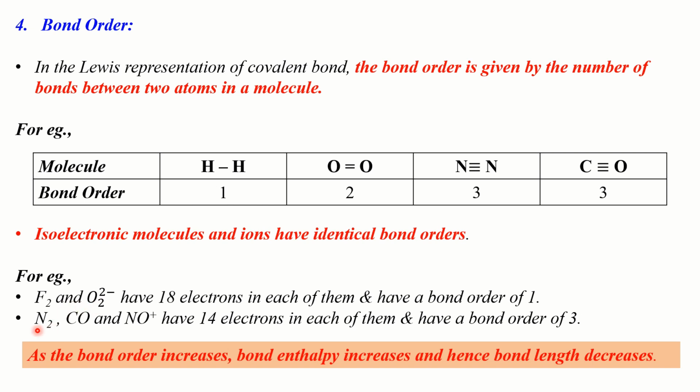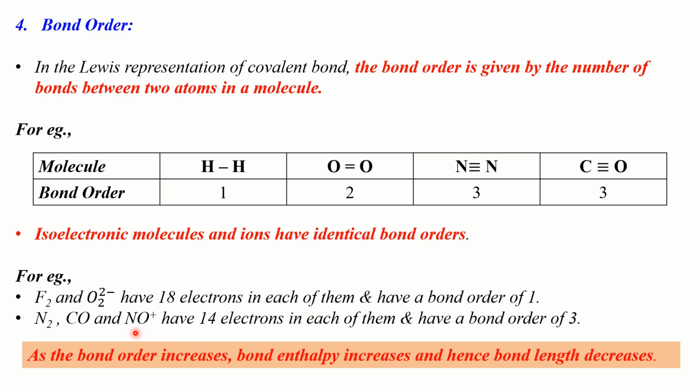Now look at the next set of species, nitrogen molecule, carbon monoxide and NO+. They are also isoelectronic with each other. This you will know if you find out the total number of valence electrons in nitrogen molecule, total number of valence electrons in carbon monoxide molecule, and the total number of valence electrons in NO+ ion.